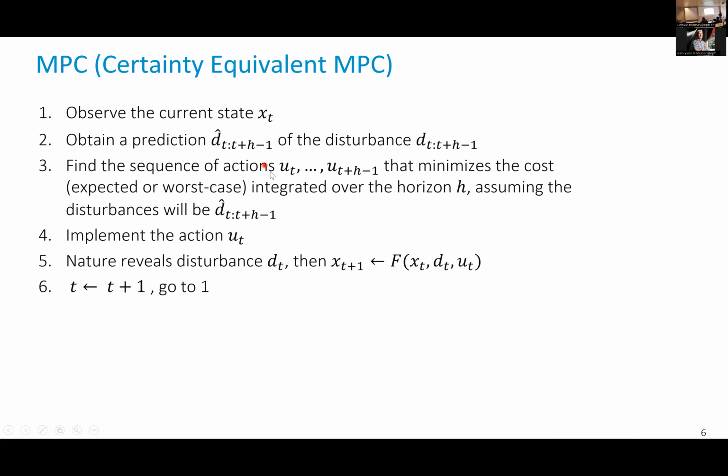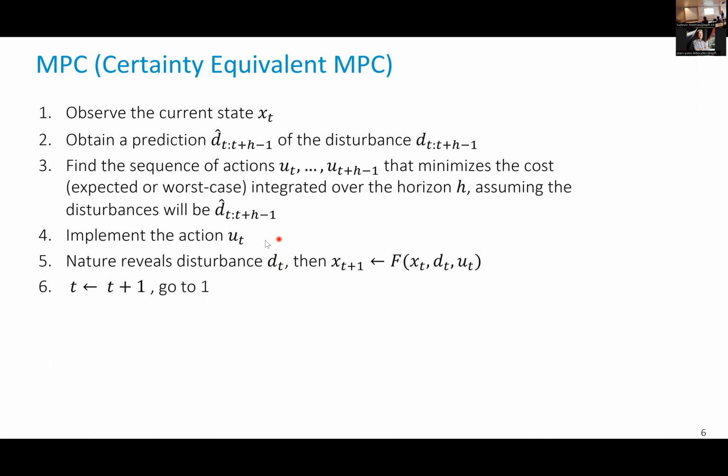So we solve here a big optimization problem that returns the sequence of actions, and we implement only the first action, the one we need to do now. So we implement this action. Then we wait for one time step.